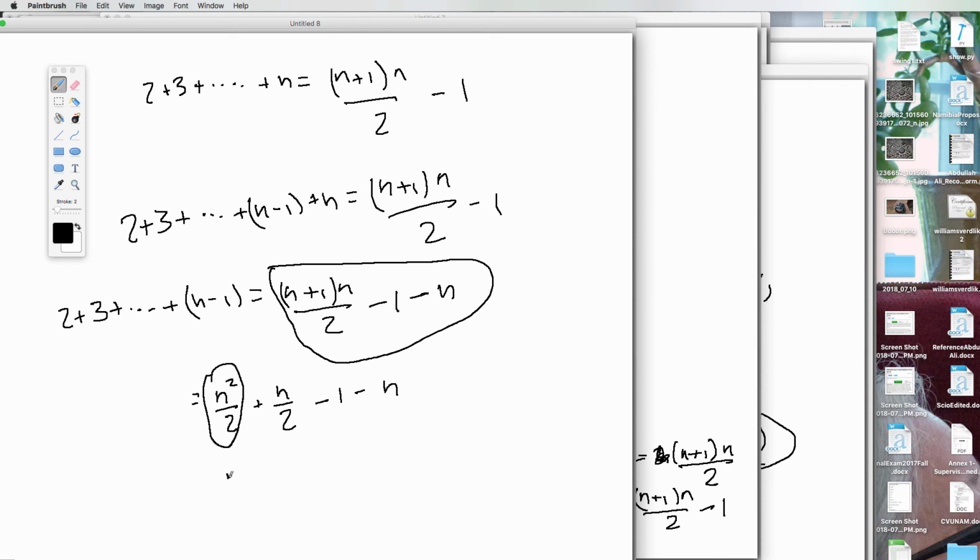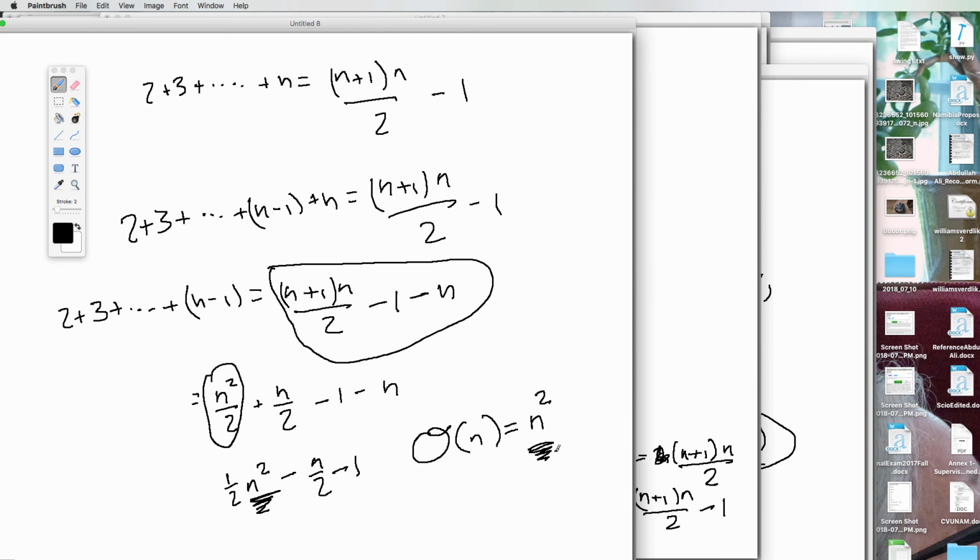This is just 1/2 n squared. Then n over 2 minus n is going to be minus n over 2, minus 1. And again, using our observation before that we really don't care about the constants or anything lower here, the important term is this thing right over here. So in this case, we would say that big O is n squared, or we would say that the time complexity of insertion sort is n squared.